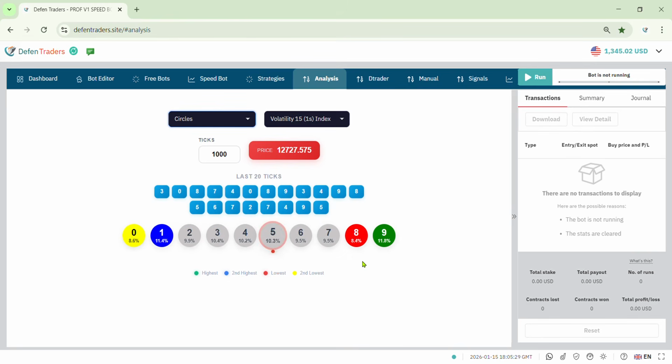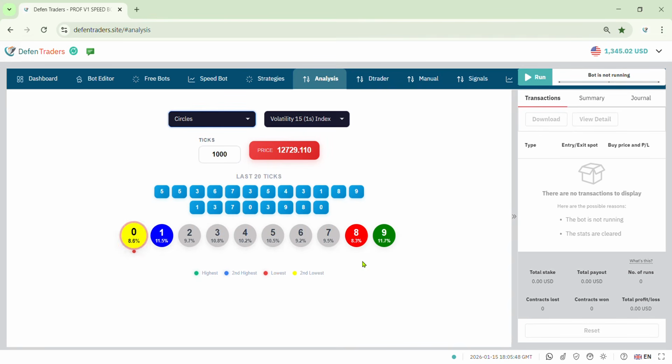Now the reason why we can see this at a glance, immediately, in our analysis, especially if you are doing analysis on the different traders, is because I have made it easier for you.